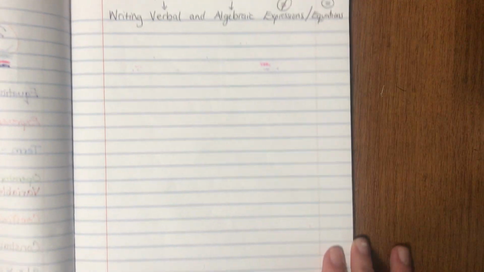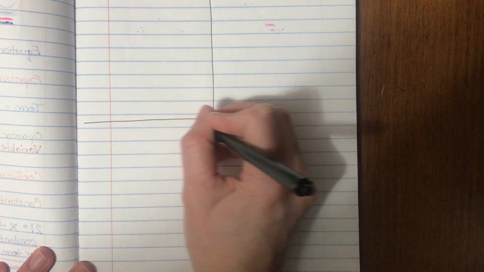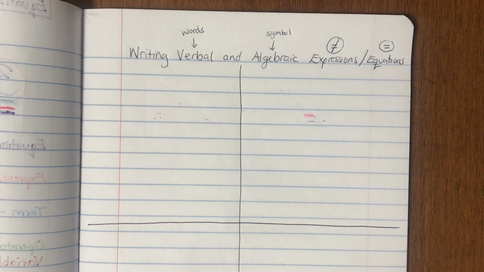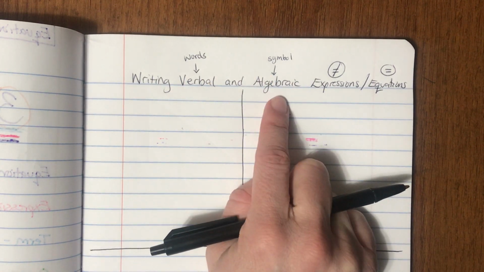Now, for the rest of your page, I want you to split it into 4 equal sections. So you're going to take the entire page, cut it in half, and then take the rest of the page and cut it in half crossways. We're going to look at some specific vocabulary words that would help us write out math problems with words and with symbols.